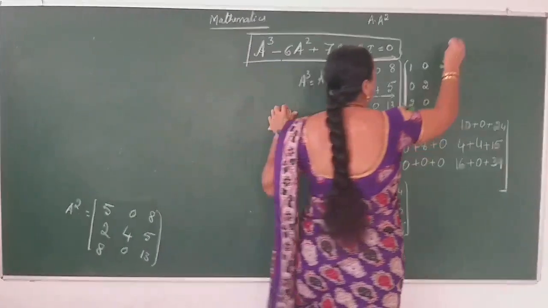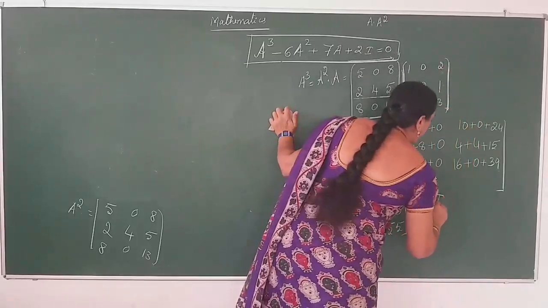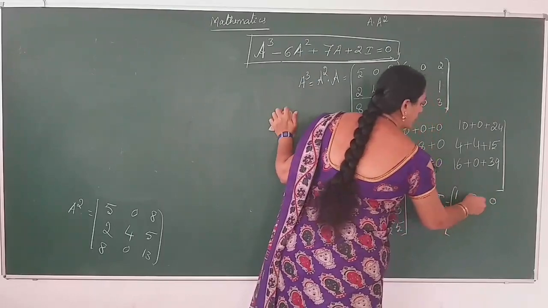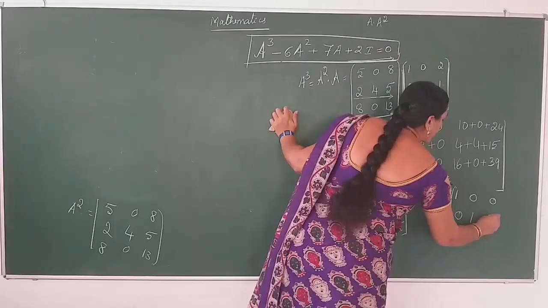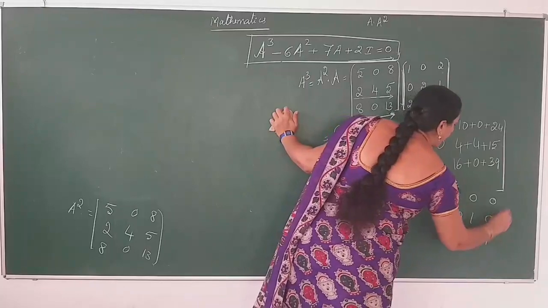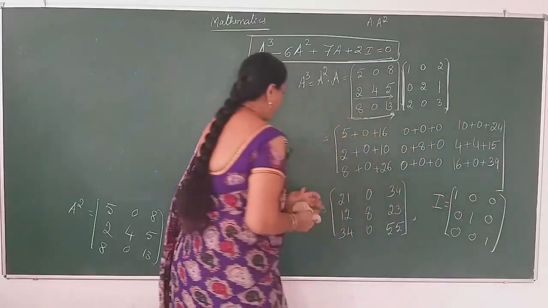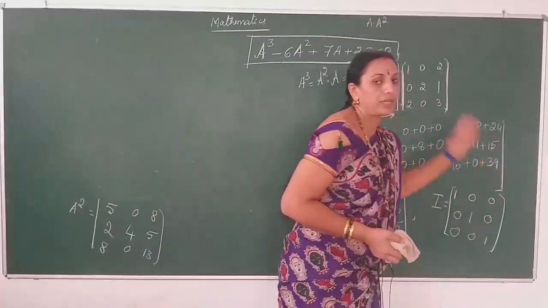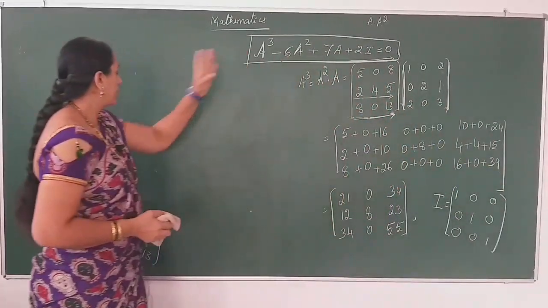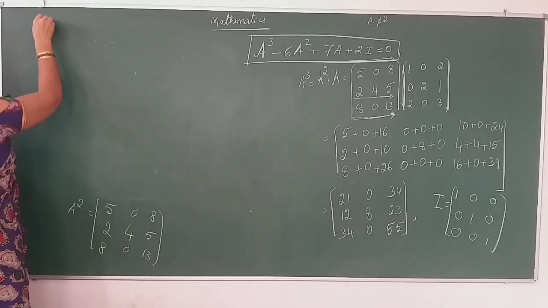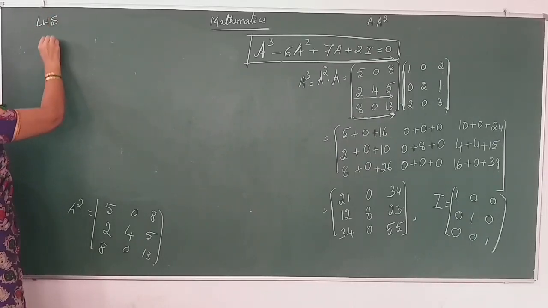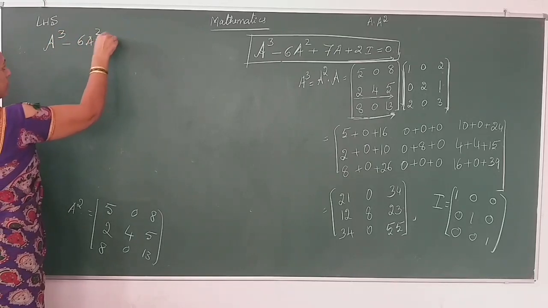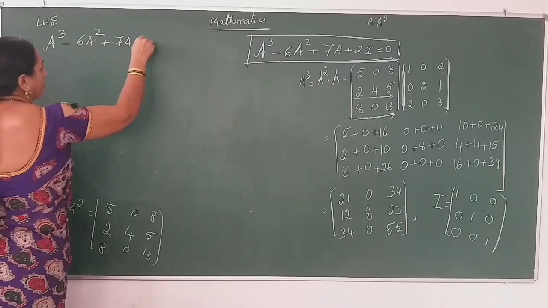I is the identity matrix of order 3 cross 3: 1 0 0, 0 1 0, 0 0 1. So A cube, A square, A is the given matrix and I is the identity matrix. Therefore, we consider the LHS of the given equation, A cube minus 6A square plus 7A plus 2I.